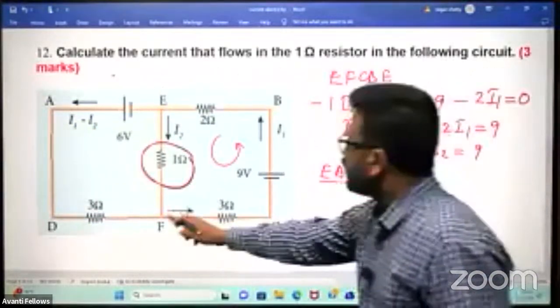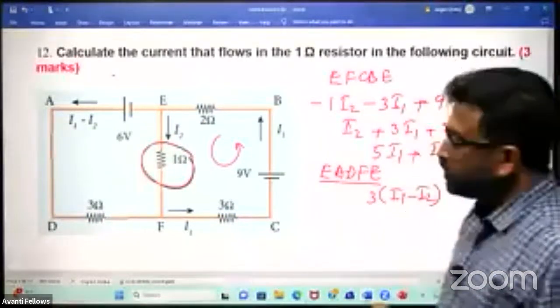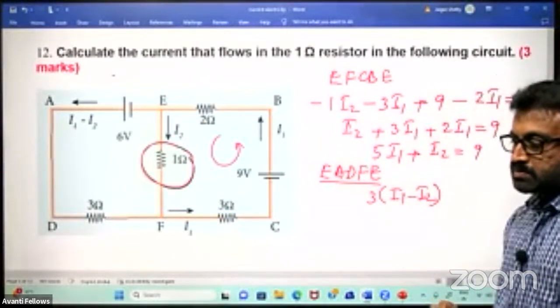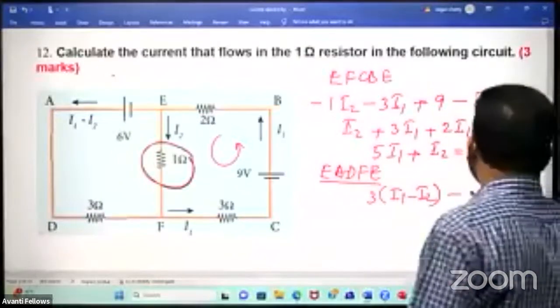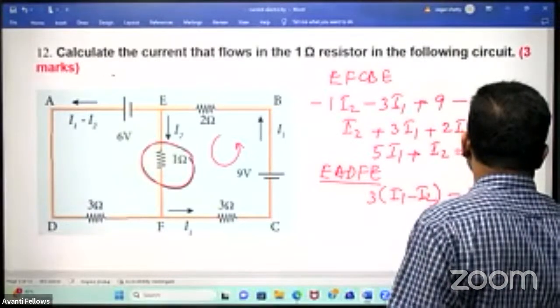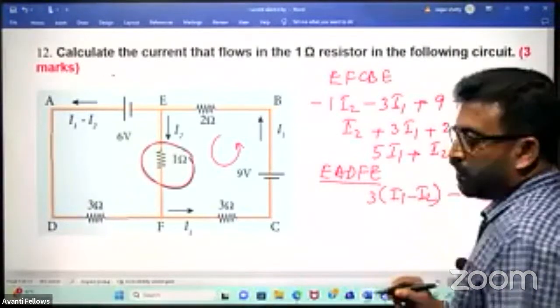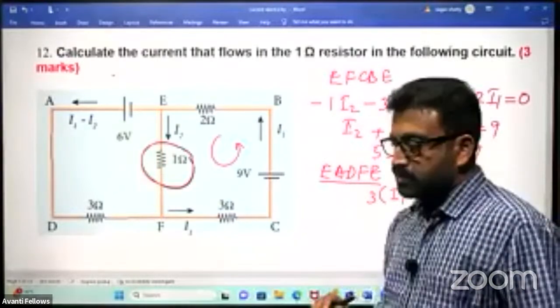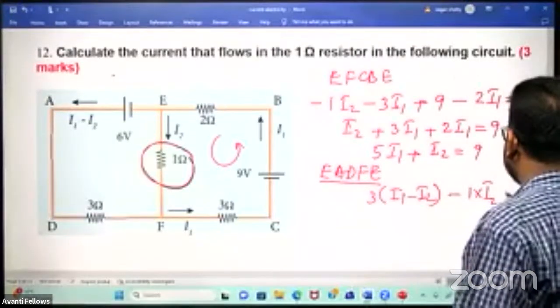And now here 1 into I2 minus 1 into I2 equals 6.